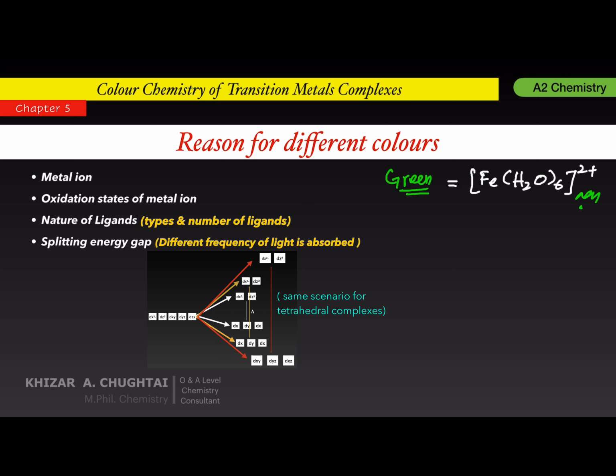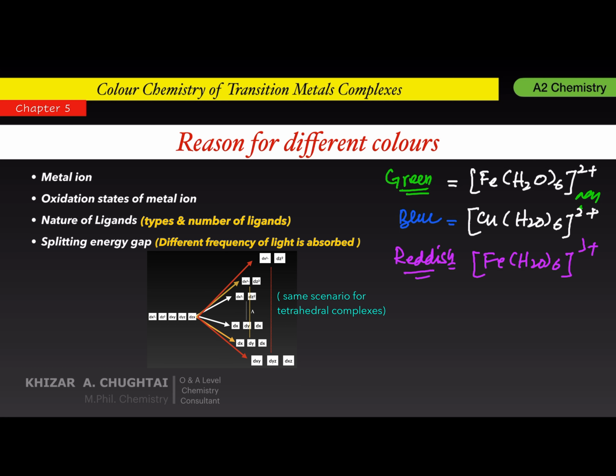The next one is Cu(H2O)6, that is hexaaqua copper complex, and its aqueous solution is blue. The next one is Fe(H2O)6 3 positive ion, that is reddish brown in color. So these 3 complexes all have different colors.